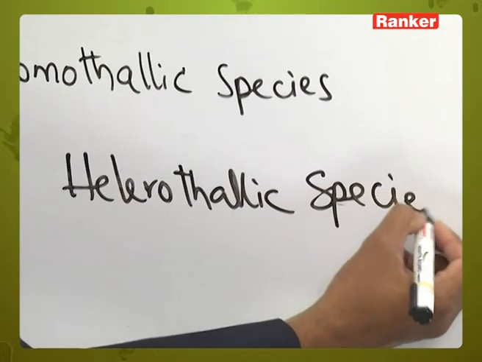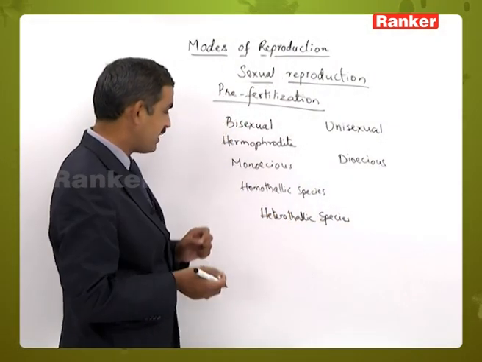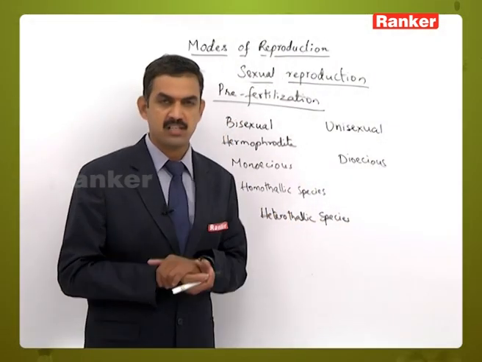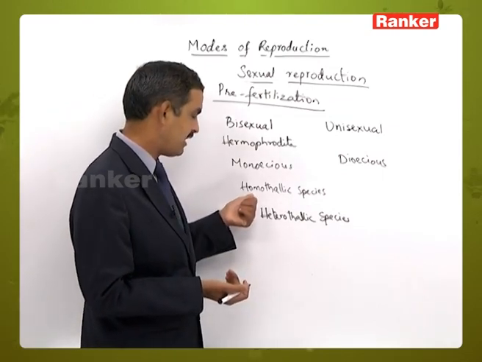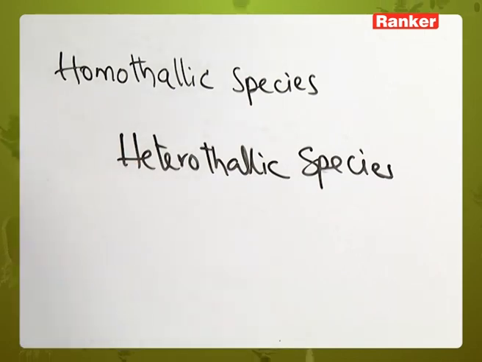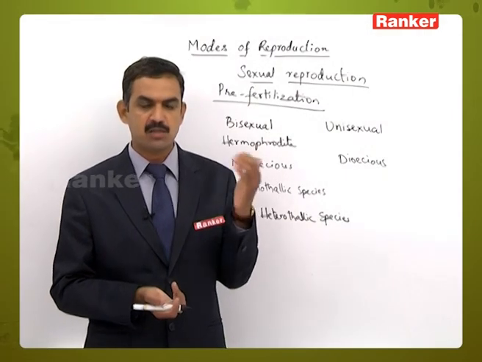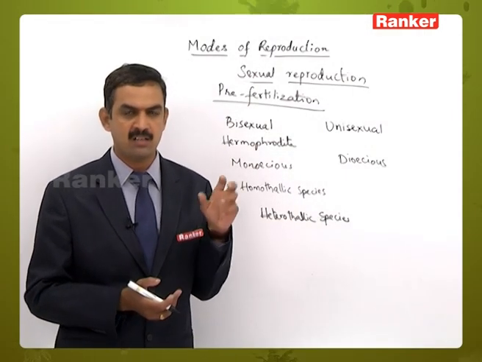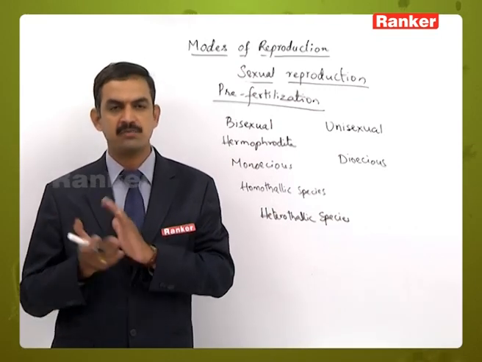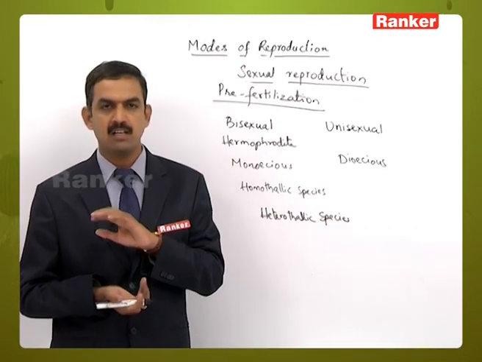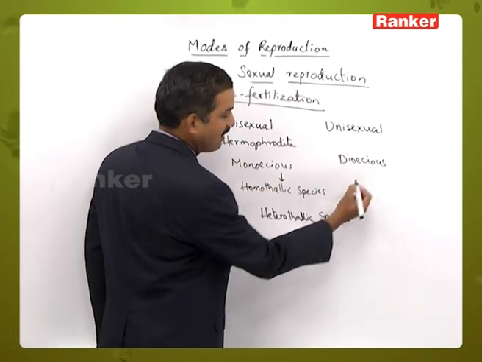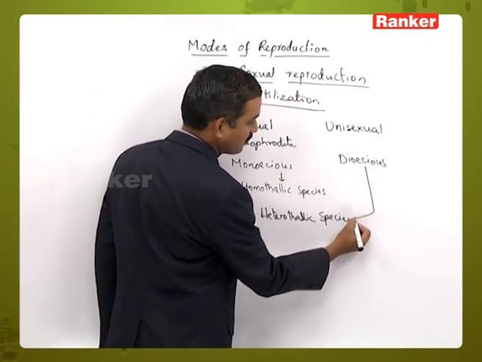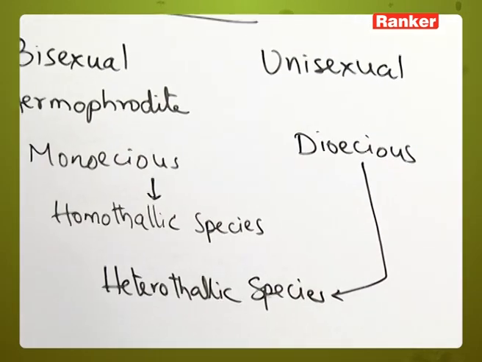Homothallic means there is no differentiation, that is, both the sex organs are present on the same mycelium or same organism, whereas heterothallic means one type of sex organ is present on one thallus or plant body, and the other type of sex organ is present on the other plant body. So homothallism is equal to the monoecious condition, whereas heterothallism is equal to the dioecious condition in the higher plants.